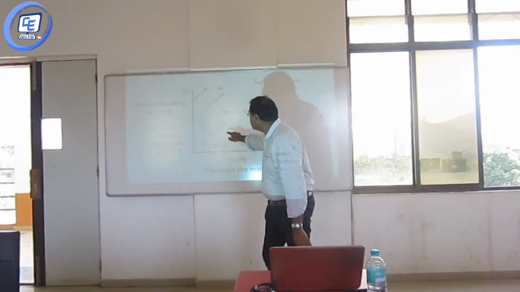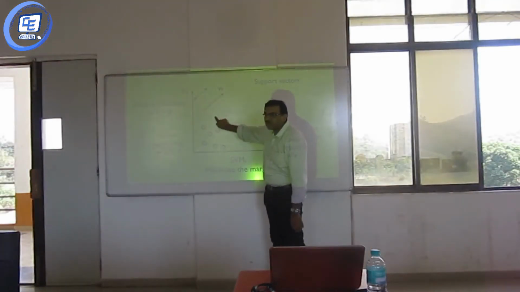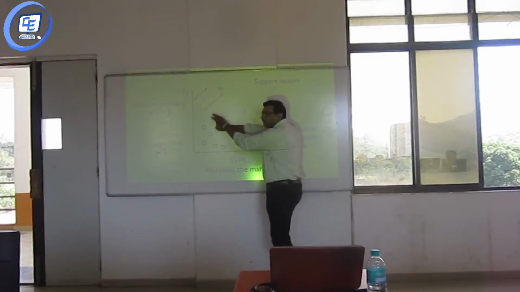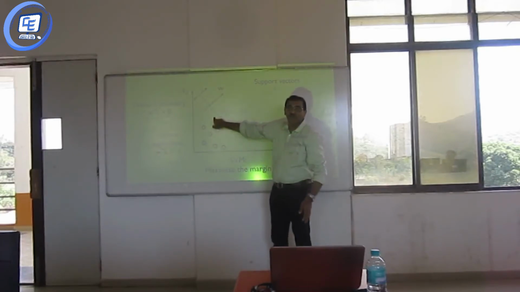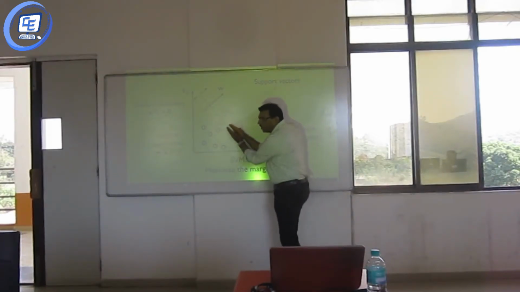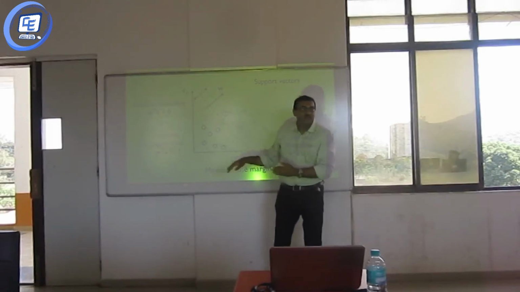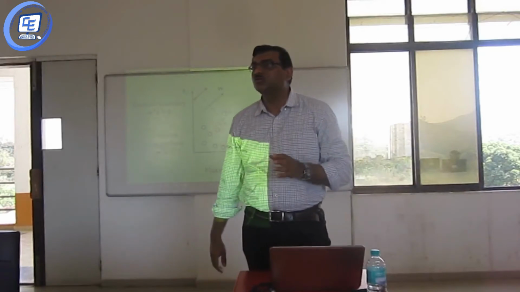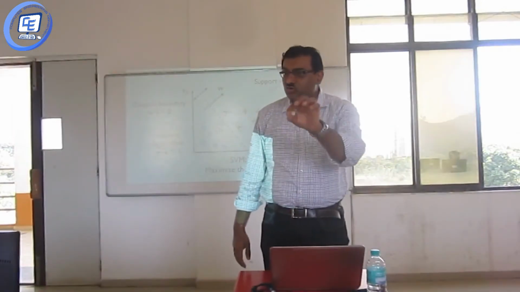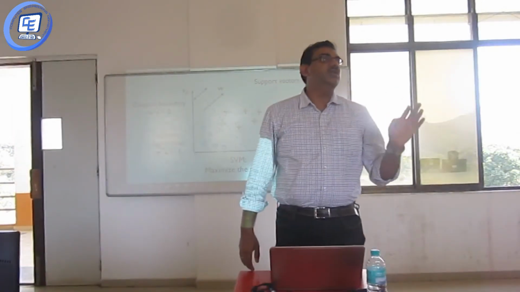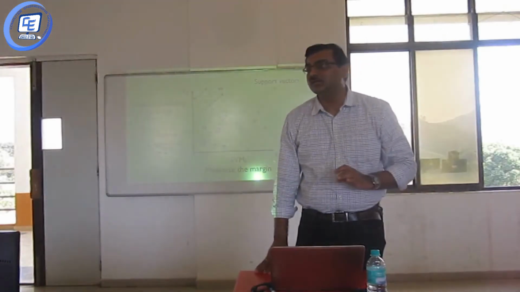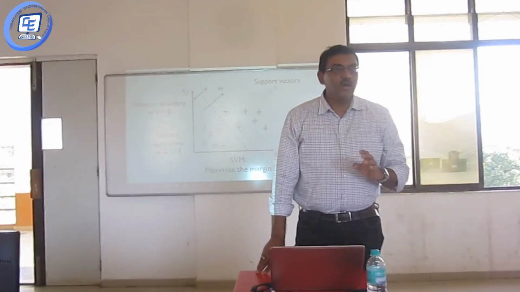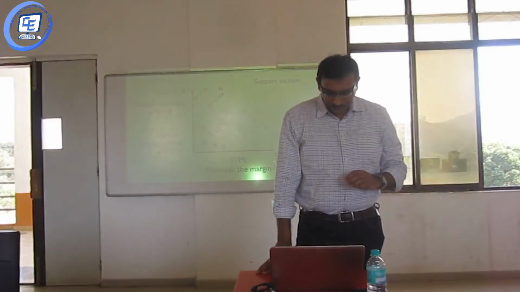Suppose this sample comes here, still it is beyond this boundary, so it will be correctly classified. But if the margin is too small, even a little bit of error can lead to misclassification. So the goal of support vector machine is to maximize the margin. Choose that boundary which will maximize the margin. So this is the optimization problem. It is a quadratic optimization problem.